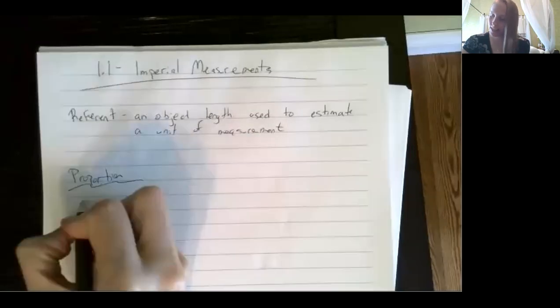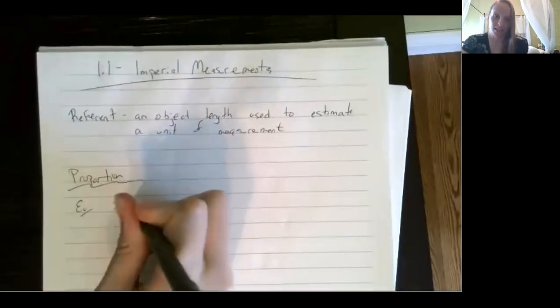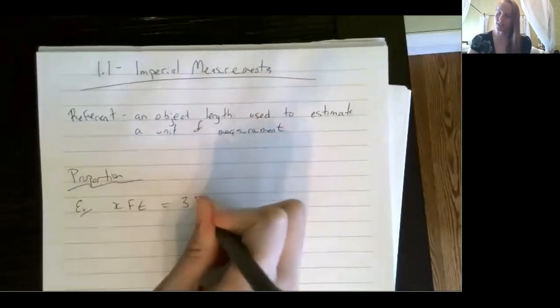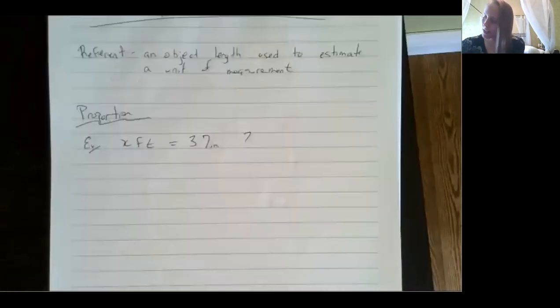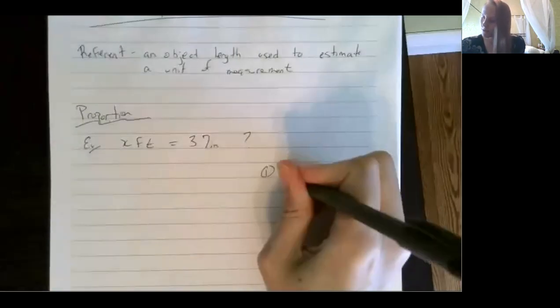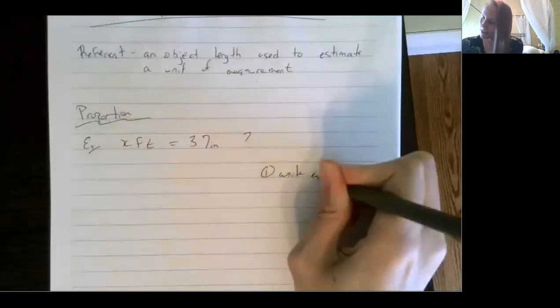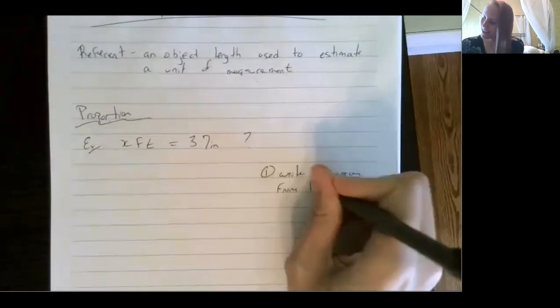So if I said, how many feet is equal to 37 inches? If that's the question, then the proportion I would set up, I would start, again, step 1 would be write out the conversion from the formula sheet.